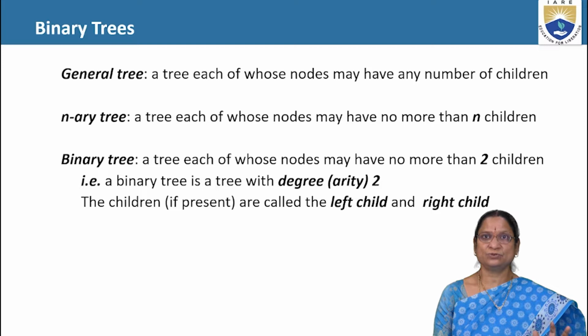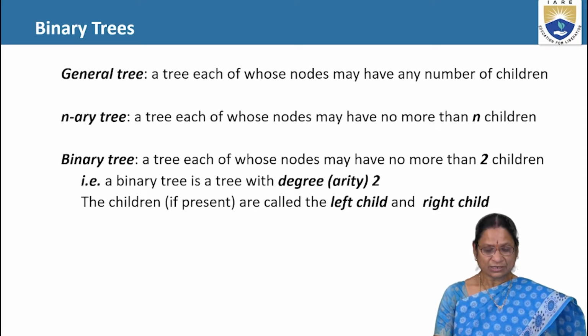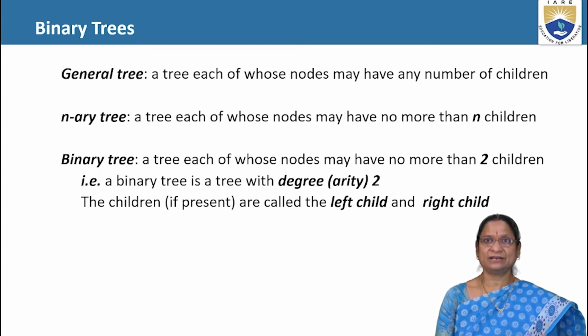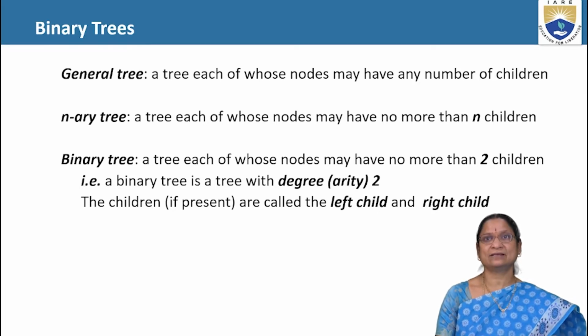That means each node has at most 2 children, so the degree, or arity, of our tree is 2. The children, if present, we call the left child and right child, because there are only a maximum of 2 children.